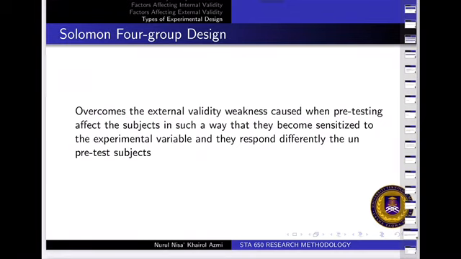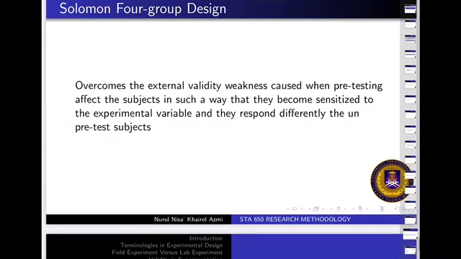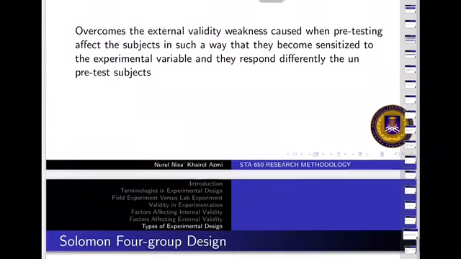Ada setengah respon kita punya subject, they react differently after and before. And then ada yang setengah tu after tu memang dia ada effect but does not depend on the pretest. So they respond differently on pretest subject.